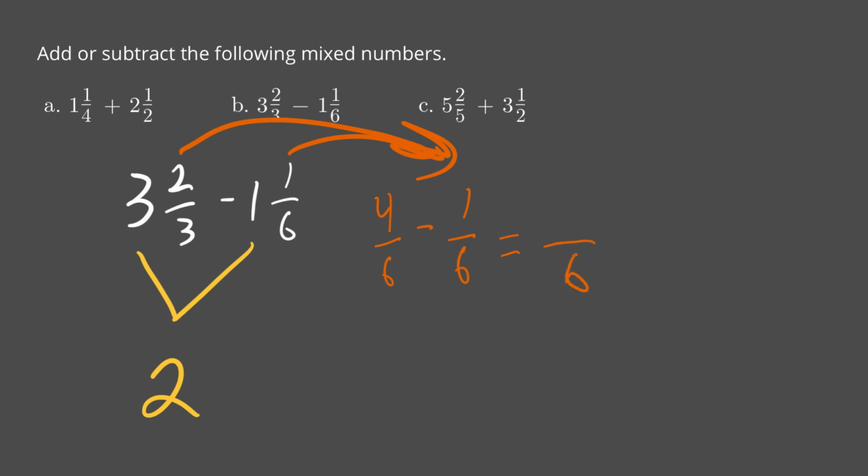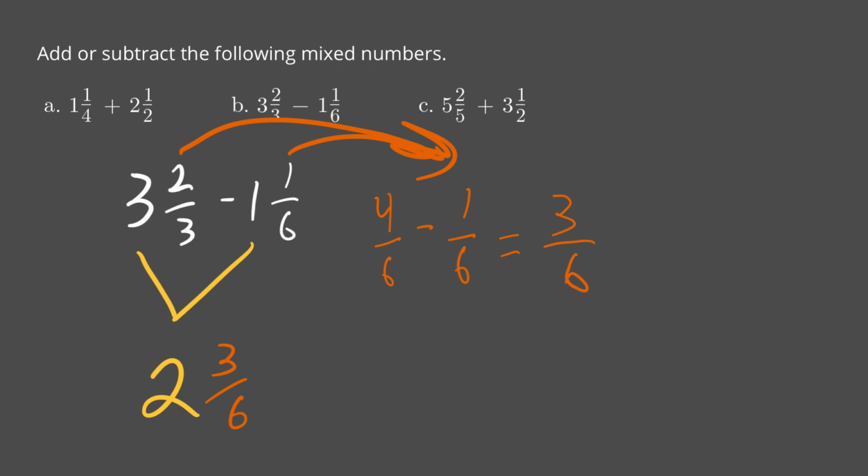The denominator stays the same, and we have 4 minus 1 in the numerator, giving us 3. So we have 2 and 3 over 6. Again, we have to ask ourselves, is this fully simplified? The answer is no. We have to simplify the 3 over 6.